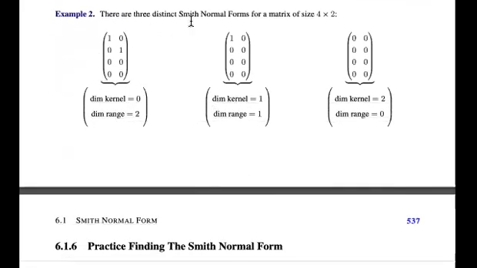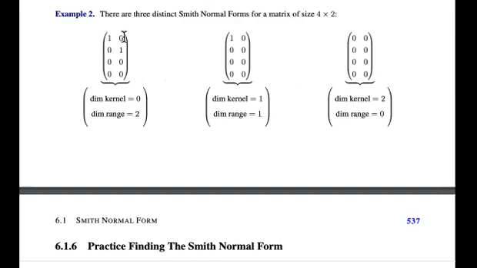These are the different distinct Smith normal form types that you have for a matrix of 4 by 2, with ones down to that point. Notice this has a kernel of dimension 0, which means that this map would be injective. The dimension of the range is 2. And notice that this map is not surjective, because of the codomain.